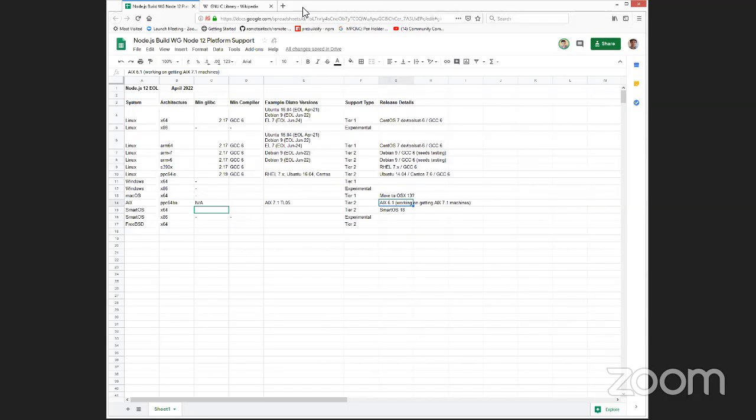So we are carrying a ton of, I don't want to say super legacy platforms like VS 2013 and Windows 7, which are really far down in the usage statistics.